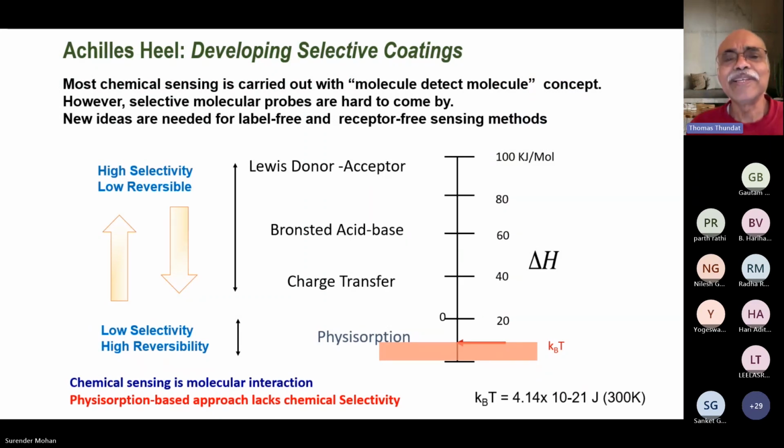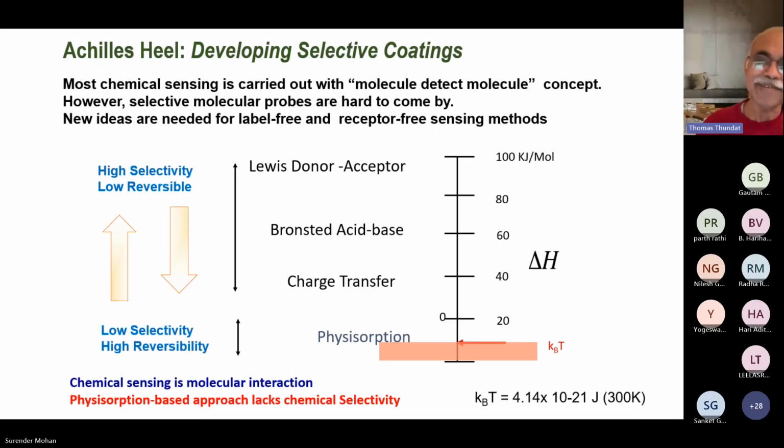So the Achilles heel of this selective coating or receptors is that most of these receptors work by a molecule detecting another molecule concept. However, there can only be very few interactions that we can use to design this interface, because we want this sensor to work reversibly. So that means when the target analyte is taken away from the sensor area, the sensor should come back to normal. It should regenerate itself. That means it should be a physisorption.